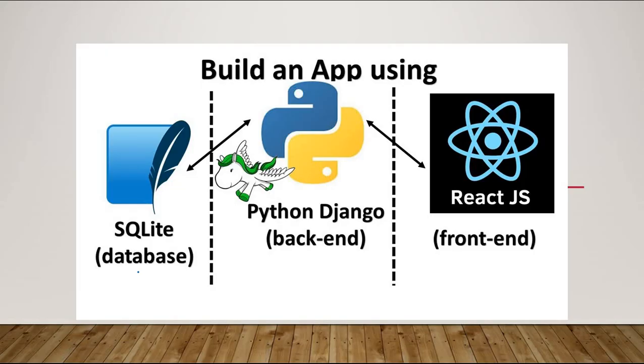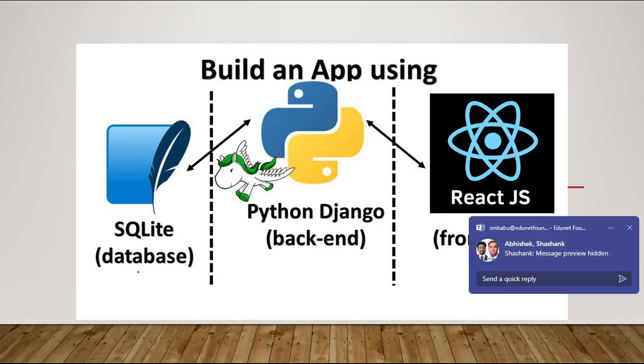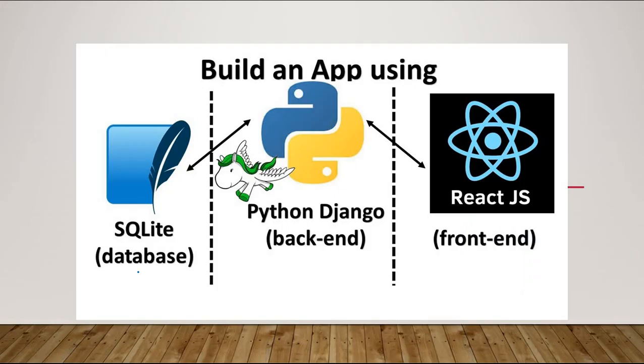When compared to the other full stack development technologies, here we have SQLite. Django follows the MVT architecture. Most full stack applications use MVC architecture, which is model view controller.